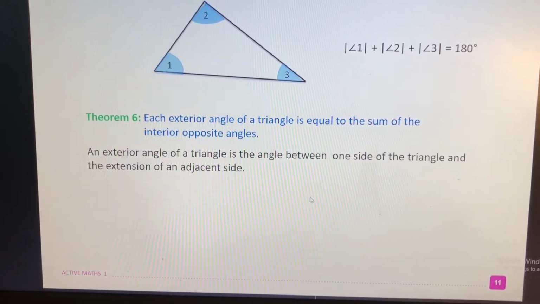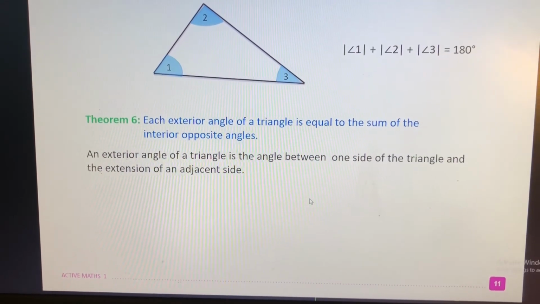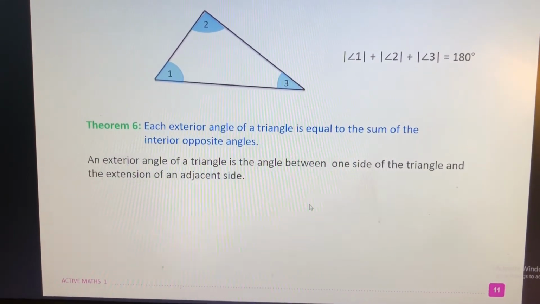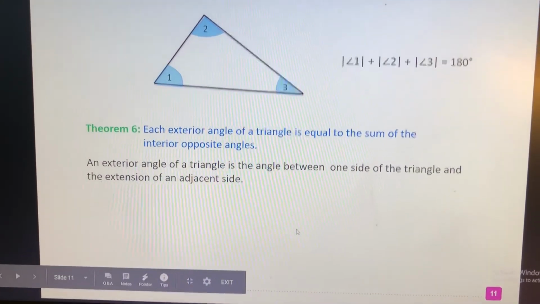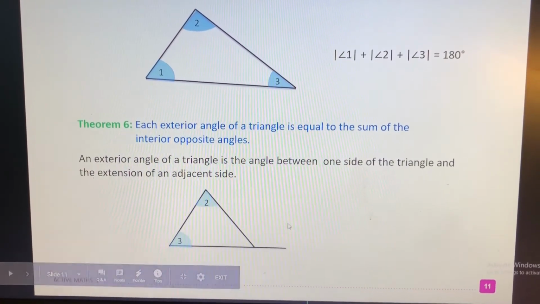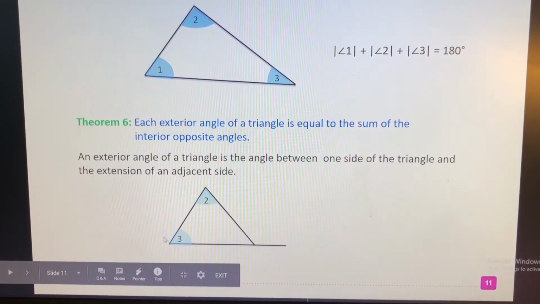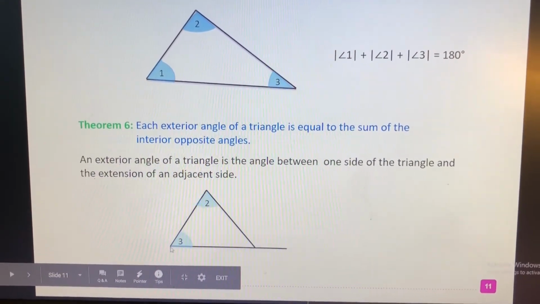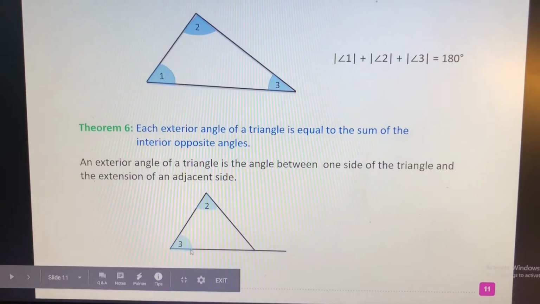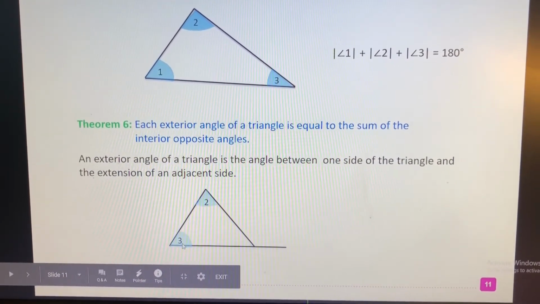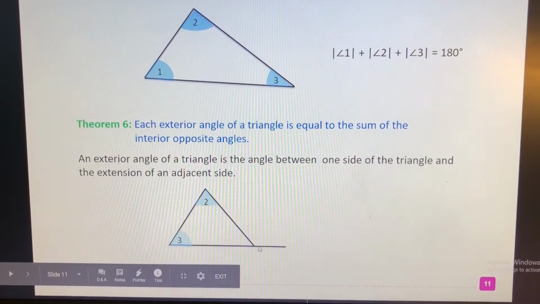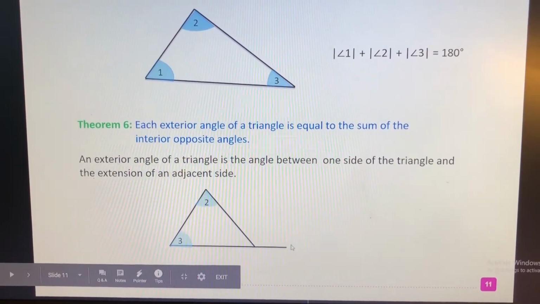Well, an exterior angle of a triangle is the angle between one side of the triangle and the extension of an adjacent side. Let's take a look. So, if I have my regular triangle and I continue one of the sides a little bit further than its end point here. So instead of stopping there, I just continue it on.